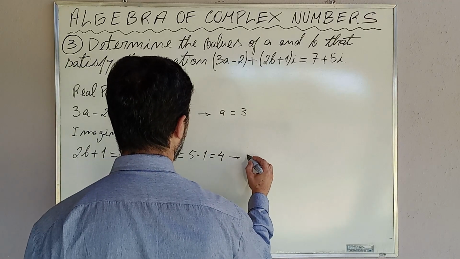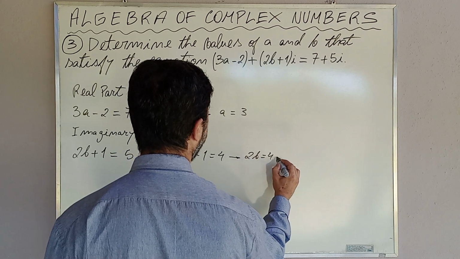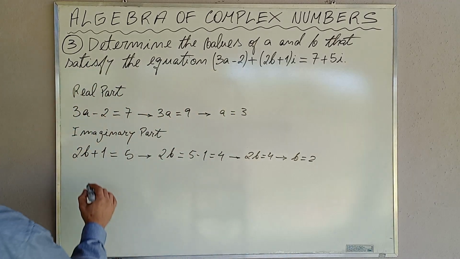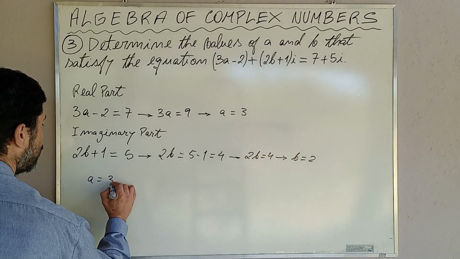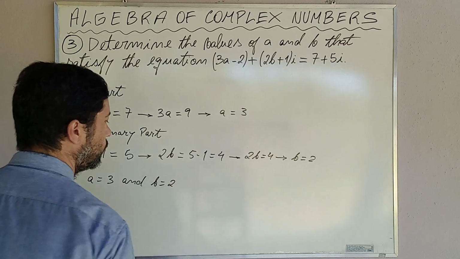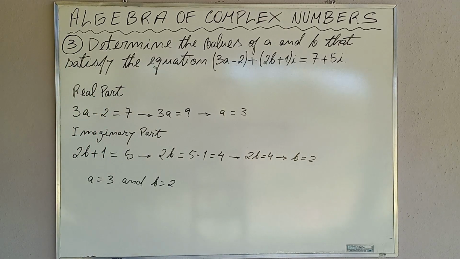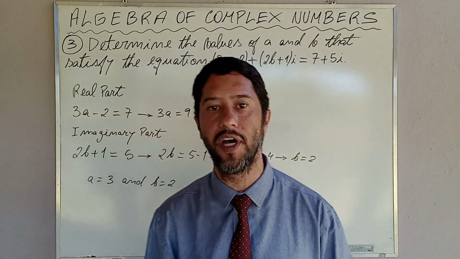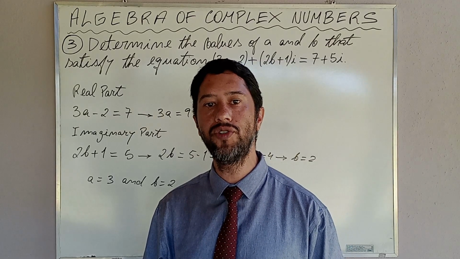From this step, we get that 2b is equal to 4, b is equal to 2, a is equal to 3, and b is equal to 2. We conclude, therefore, that a equal to 3 and b equal to 2 are the values that satisfy the equation. And this is all for the debate of exercise number 3. Let's go to the next.